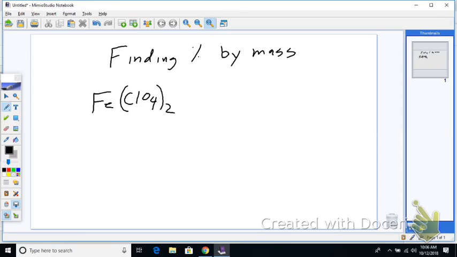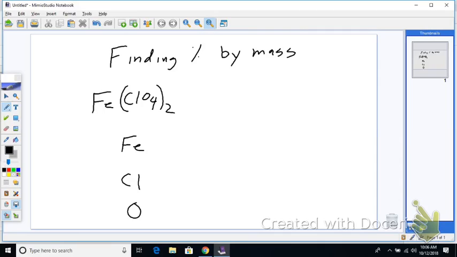So every element in there contributes to the overall mass or molar mass of that compound. And so what we'll do is break it down into all of our different elements and what their weights are compared to the total. So we're going to do iron, chlorine, of course, and oxygen.